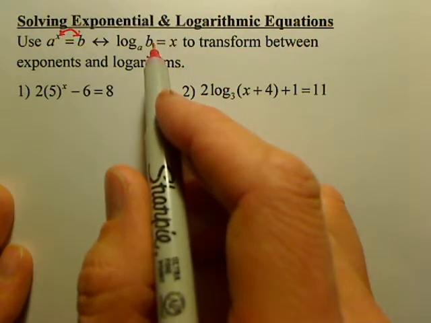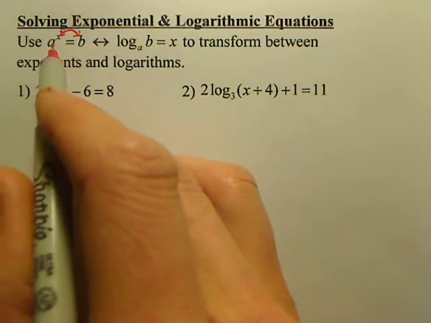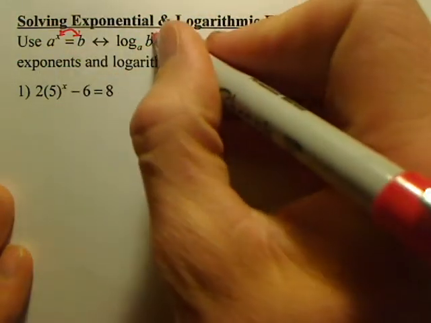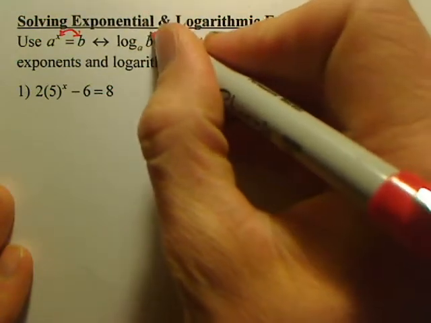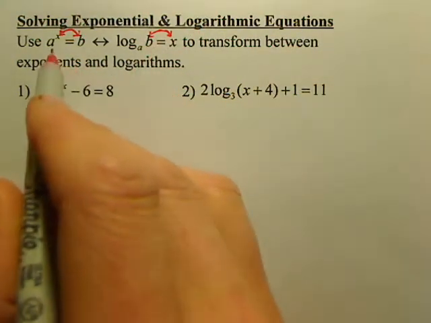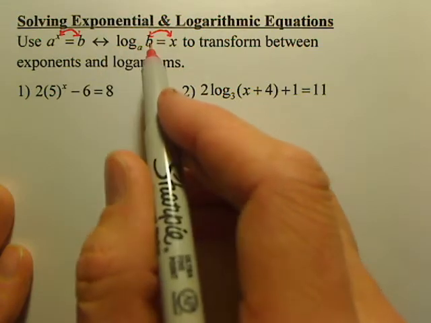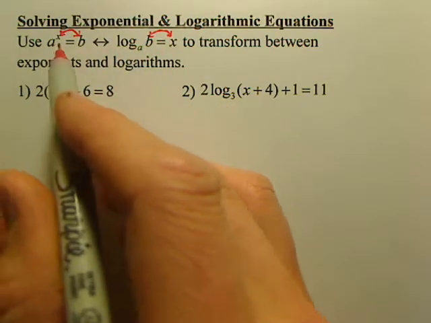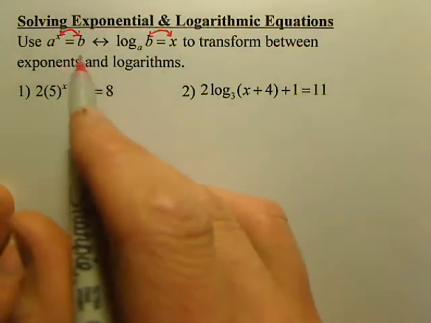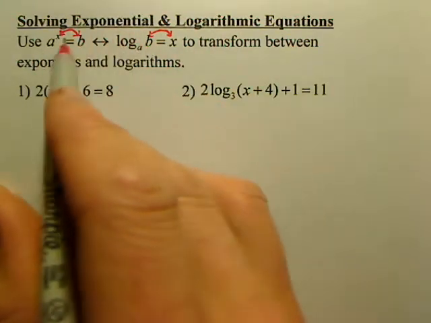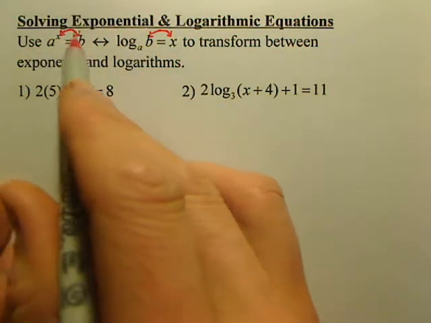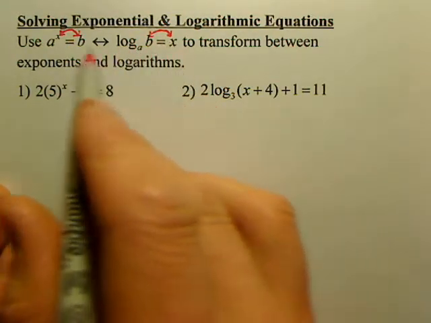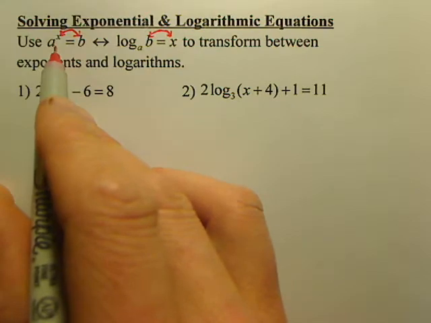Now if I want a log and I want to go back to an exponent, see the arrow goes both ways, I take off the log and I switch the two. So basically, this conversion where you put a log on and switch the two gets you this way. If you take the log off and switch these two, you go back to the exponent.